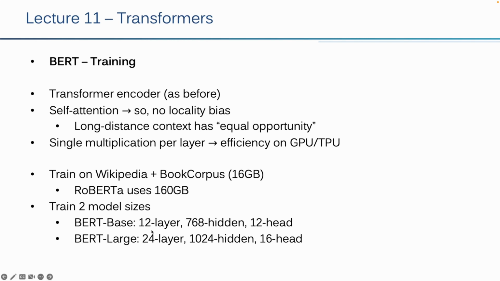BERT base takes 12 encoder layers and 12 self-attention heads, and large takes 24 layers and 16 heads. This one has 340 million parameters. And the base one has, I think, around 110 million parameters. ChatGPT, as a reference, has 8 billion, for example. And GPT-3 has 170 billion. So they're growing much more than BERT.